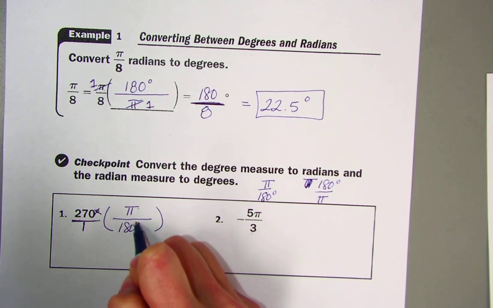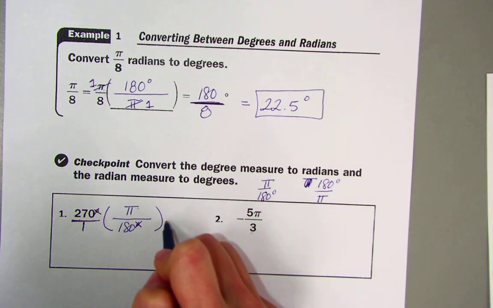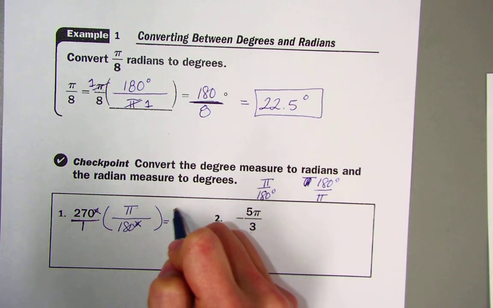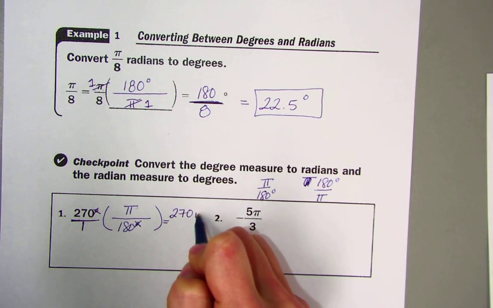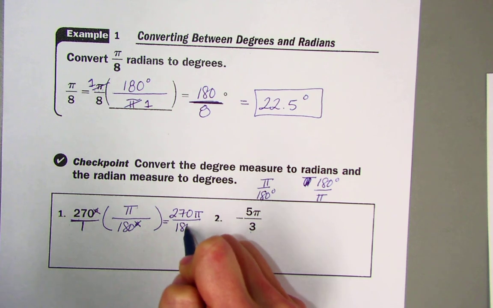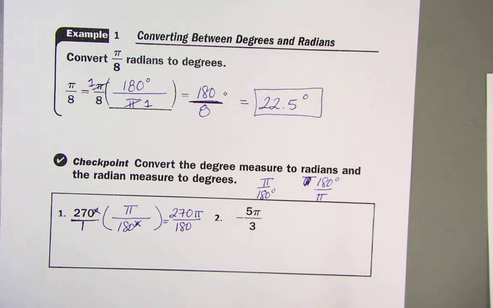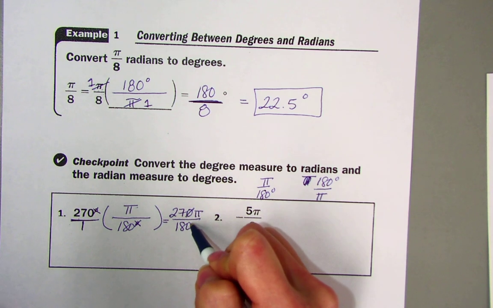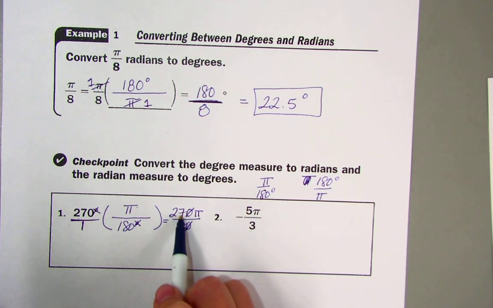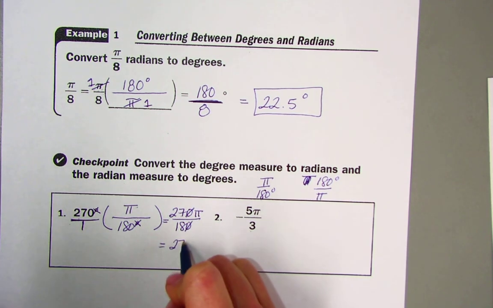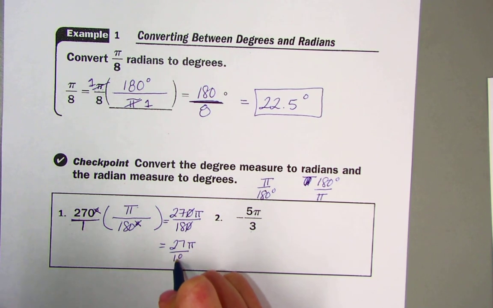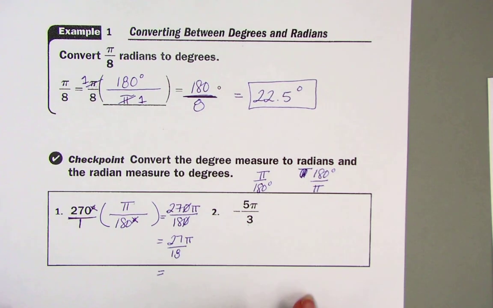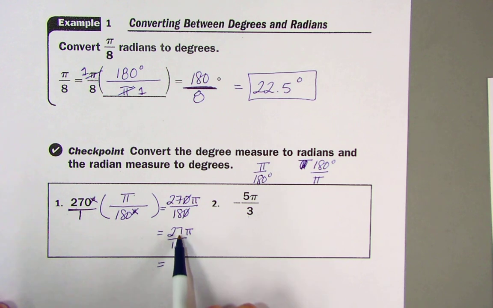Since your degrees are on your diagonals, those two can cancel, and if I multiply across, I get 270 pi over 180. If I go through and simplify, the zeros can cancel out, which gives me 27 pi over 18. And if I simplify that one more time, 9 goes into both of them.